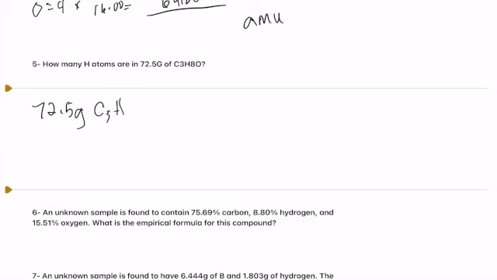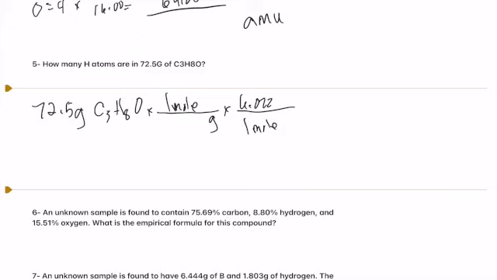Number 5, how many hydrogen atoms are in 72.5 grams of C3H8O? Apologies for the capital G there. It didn't transfer over nicely. So we started out with 72.5 grams. We're going to multiply that by 1 mole over the molecular weight of C3H8O, isopropyl alcohol.